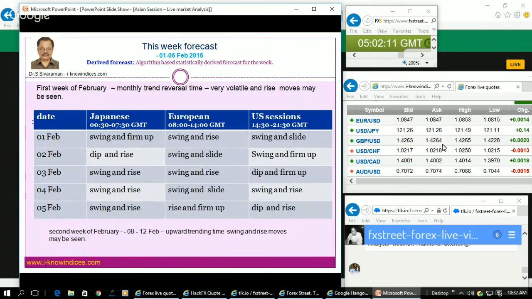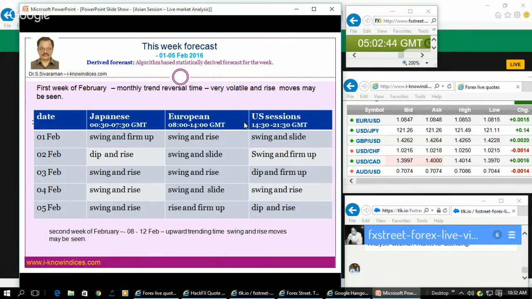They did this mainly to accumulate a gain at the lower level, in order to gain during this week and the coming weeks. Especially during the month end and month beginning, you come across the trend reversal. So the monthly trend reversal is expected to continue this week also from last week, that is 1st to 5th of February. You'll come across the trend reversal move.